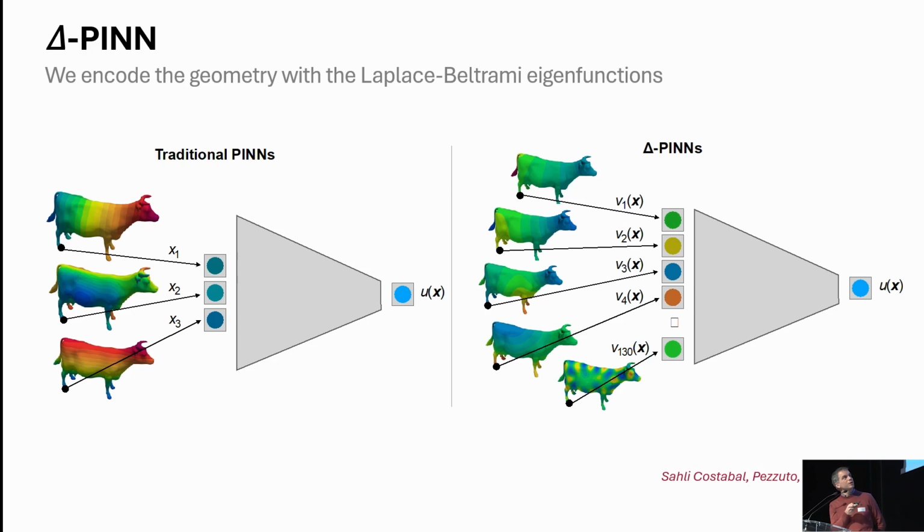So the neural network is maybe able to capture the fact that you are in this region of the cow and not an arbitrary one. In a way, you're trying to encode some properties of the geometry into the neural network, okay? But you do it in a way that is independent from the neural network itself. So you compute the eigenfunctions, and then you use these as a positional encoding for representing the solution, okay? So it's a separate process. You're not learning these.